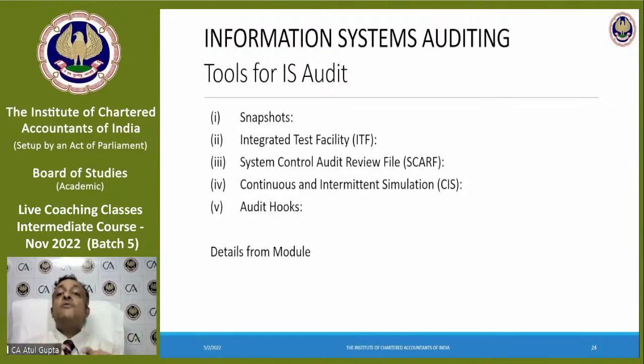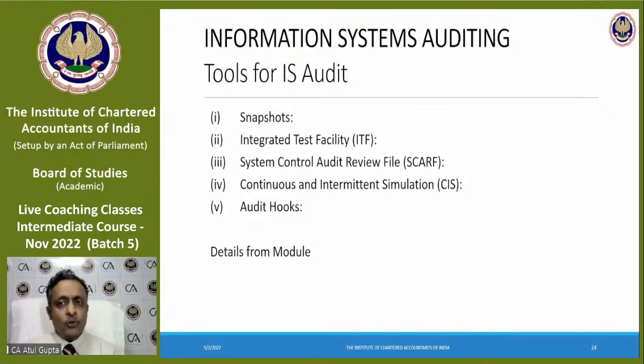This cash payment voucher cannot be processed because it is more than 10,000 rupees. This testing that you are doing as an auditor, you are doing during the audit period and the entity is working normally also, because normal working is on and auditor is testing, this is called integrated test facility.